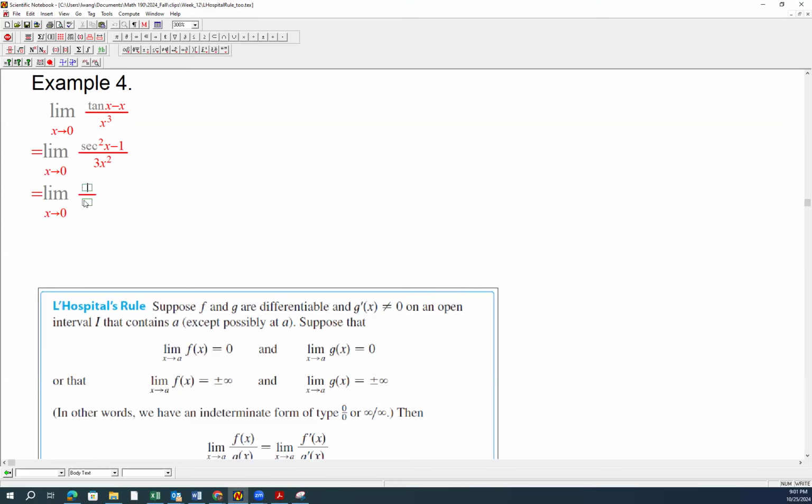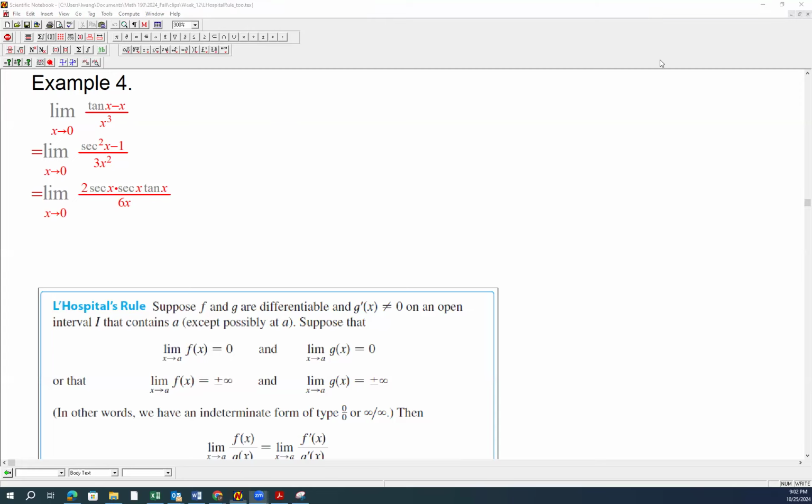And the derivative of the denominator is going to be 6x. And the derivative of the numerator, we're going to apply chain rule. The derivative of secant squared is 2 times secant x, and the derivative of secant x is secant x multiplied by tangent x.